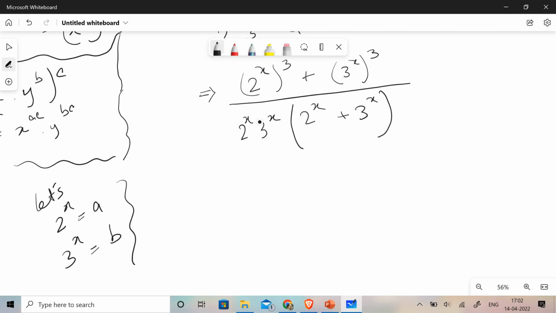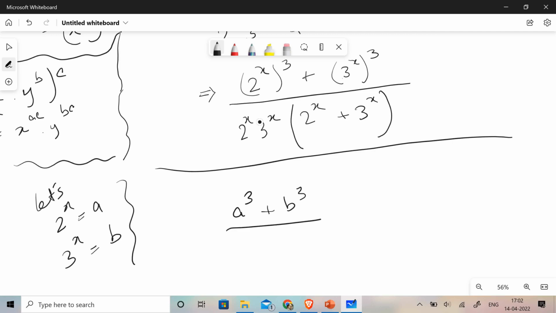Let's assume that just for simplicity. Then how does our equation now hold true? Now we have a cube plus b cube divided by ab into a plus b equals 7 by 6. If you remember, the right hand side of the equation was 7 by 6.